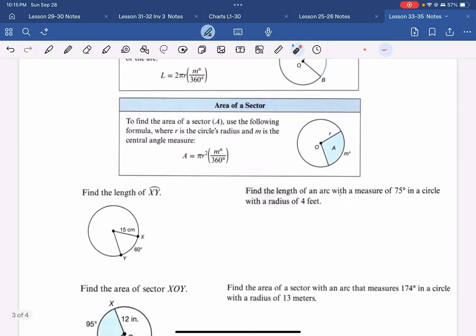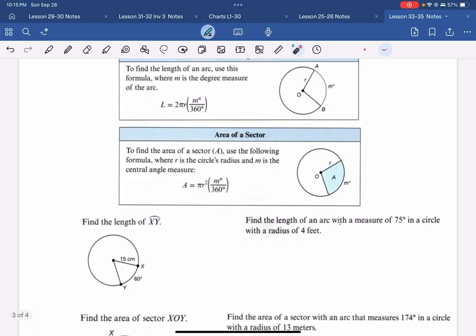Okay, so let's apply these formulas together. Down here it says find the length of arc xy. So that would be right here. You notice how they give me the radius, so that's going to go right there. They also give me the measurement in degrees, which is going to go right there. So it's basically just a plug and play. We're going to fill in the formula with the information they give us and then just solve.